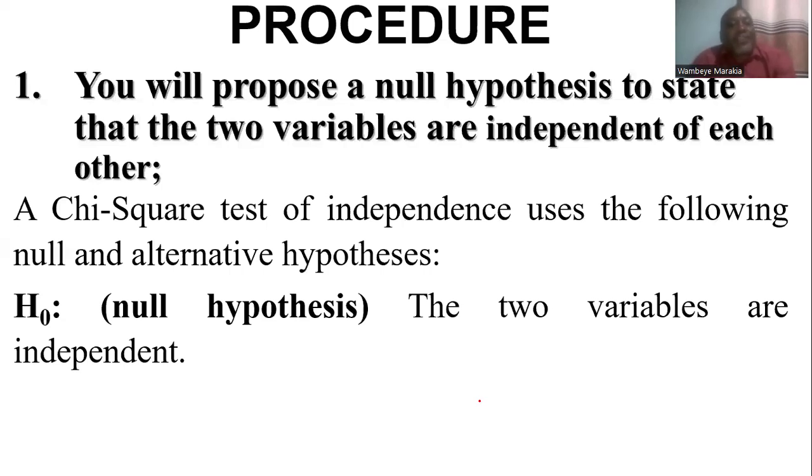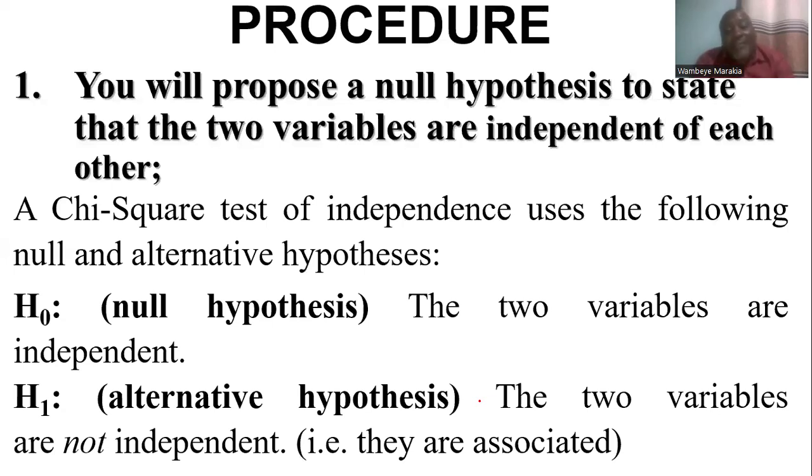So the null hypothesis you are proposing is that the 2 variables are independent. There is no association between variable A and variable B, which you are studying. Or else you have an alternative hypothesis, but usually we test the null hypothesis.